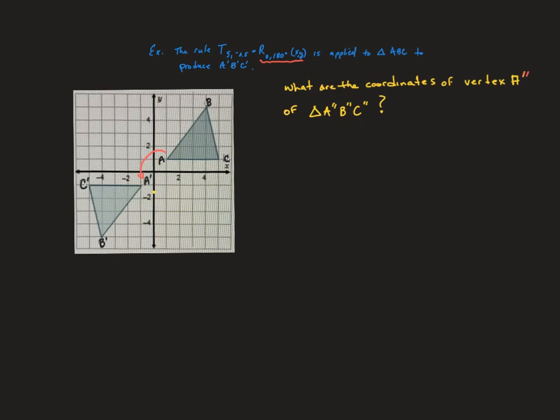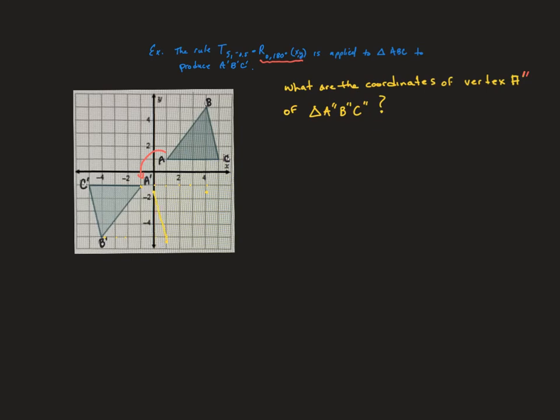And then my A is going to go over 5, 1, 2, 3, 4, 5, down a half. And then my B is going to go over 5, 1, 2, 3, 4, 5, and down a half.